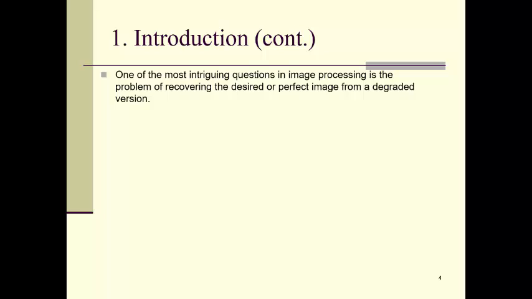So if I want to test a certain algorithm, I need to have a testing image: an original image and a degraded version of this image. I will pass this degraded image to my algorithm, see what the output is, and compare it with the original one. Like this I can see whether my algorithm has succeeded or not.